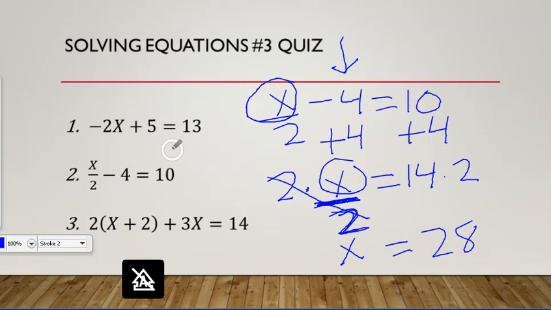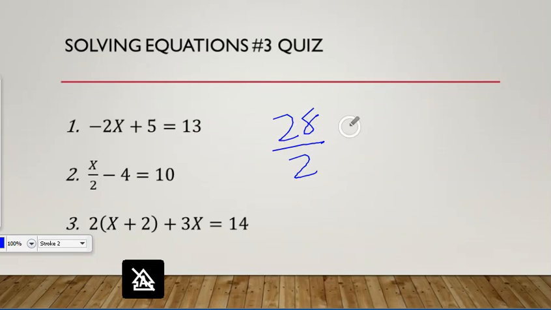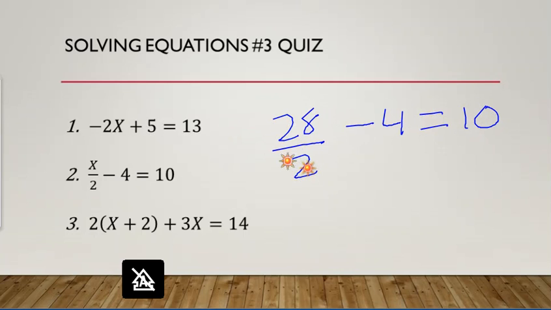And if we plug that back into our original equation, 28 divided by 2 minus 4 does equal 10. 28 divided by 2 is 14. 14 minus 4 equals 10.